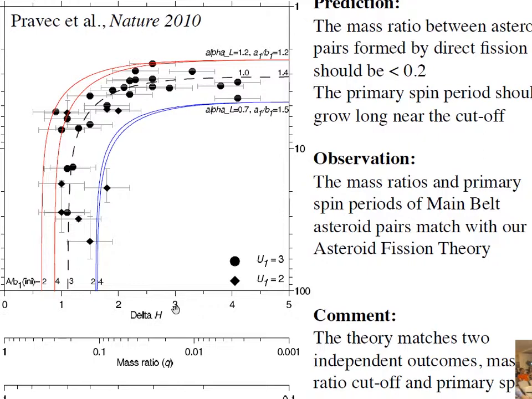Since 2010, there have been additional observations, and there are some more interesting outliers that could be special cases. We have a recent paper that just got accepted in Icarus that explores some of these outliers, and there's some other theory that I'm working on as well. But still, the bulk of these fit very well with this asteroid pair fission theory.